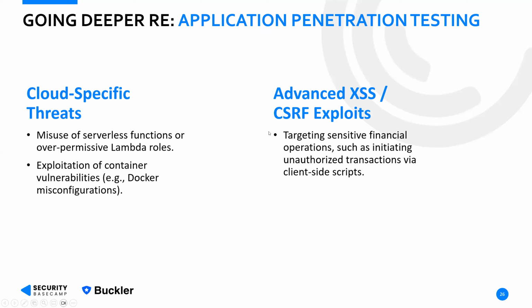The only thing I would add here, I think the real benefit of the application penetration test over vulnerability scanning is that what we're out to prove is what the impact is if an attacker could exploit that application. And what that helps you do is inform your risk assessment better.